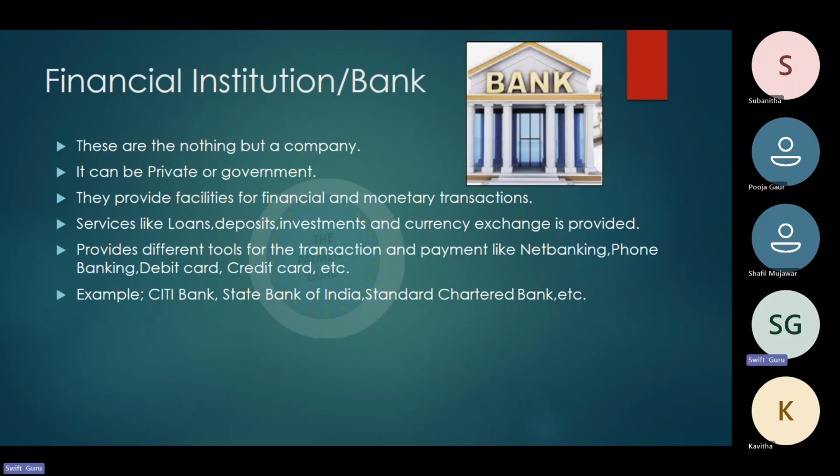It also provides various tools for its customers where they can make a transaction. Example, net banking system, phone banking system, debit card, credit card, demand draft, check, etc. Examples: all the banks where you are holding an account right now are examples of financial institutions or banks that are facilitating you a way of making a payment, or provide a medium by which you can make a payment as well.